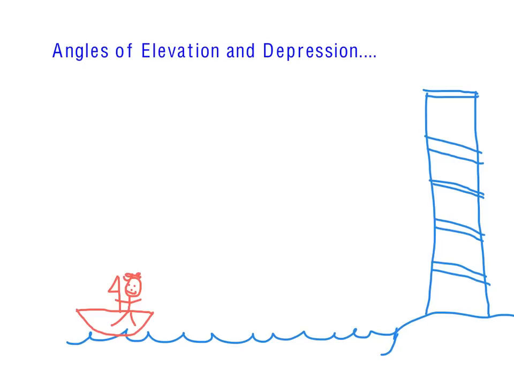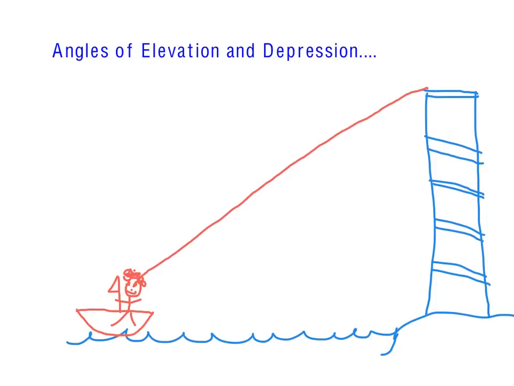So you're hanging out here in the boat, and you notice that you can look up and see the top of the lighthouse. If you're here in the boat and you look up to the top of the lighthouse, you will see the top up here.